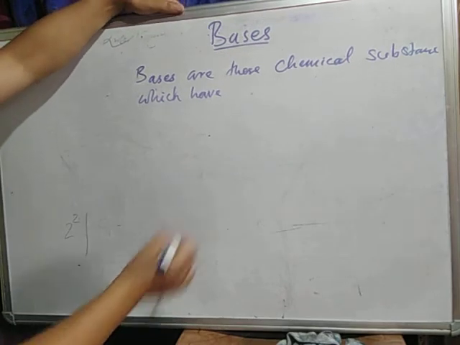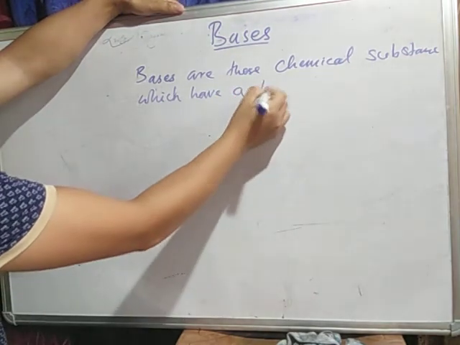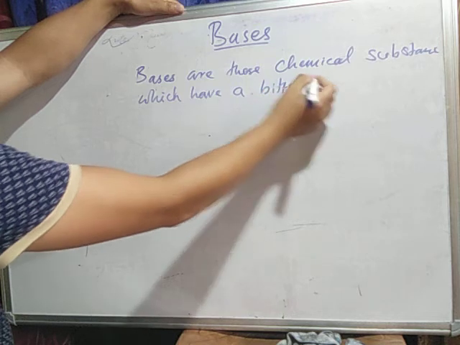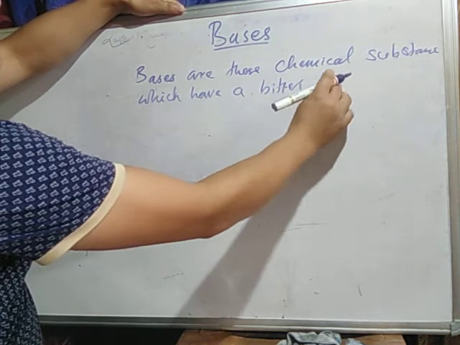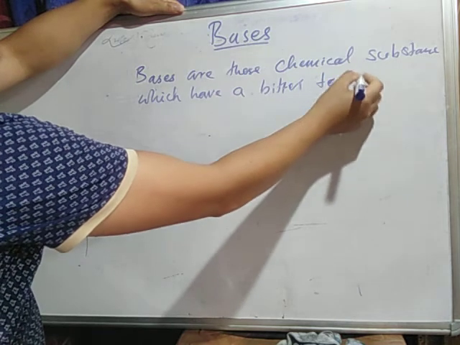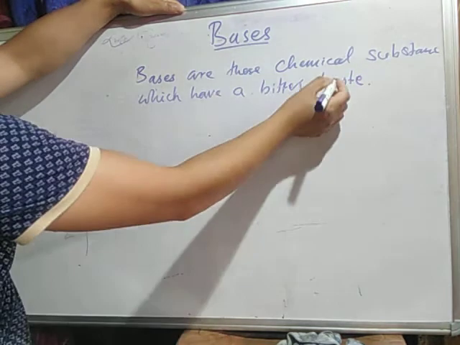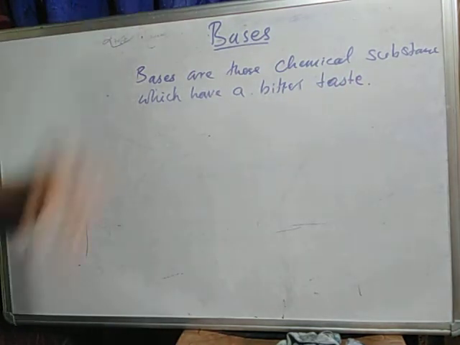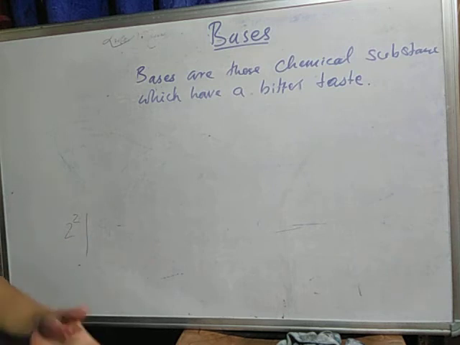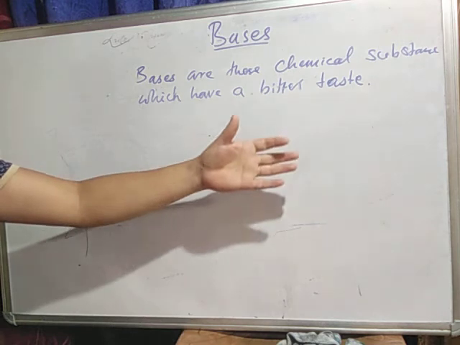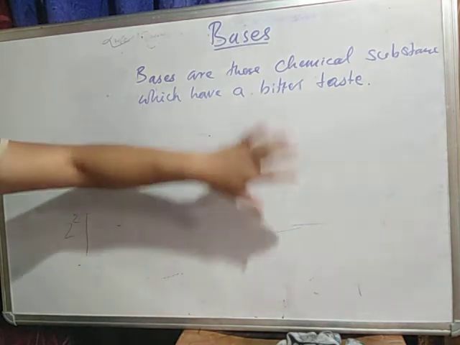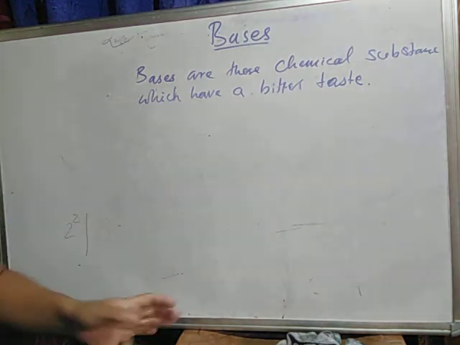For example, your bitter gourd, isn't it, it contains a base. In chemistry, all these substances we call chemical substances.